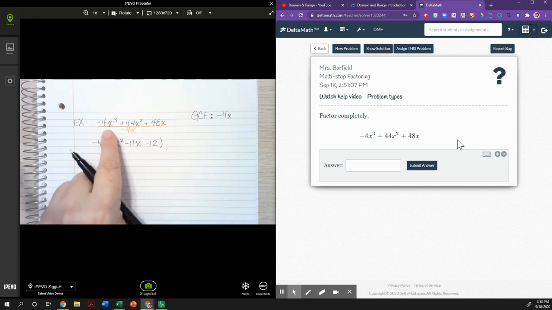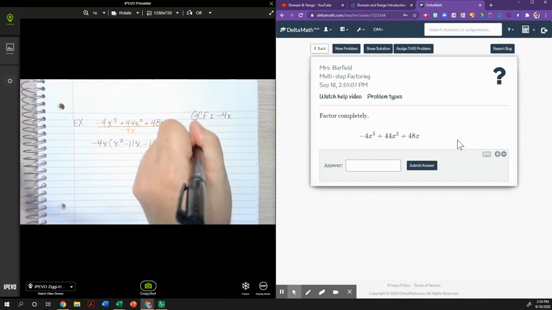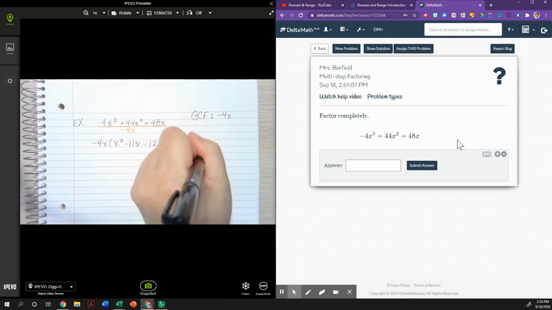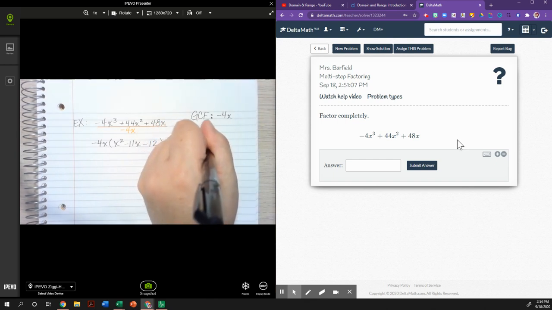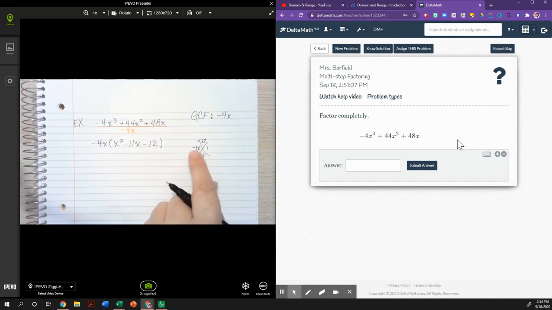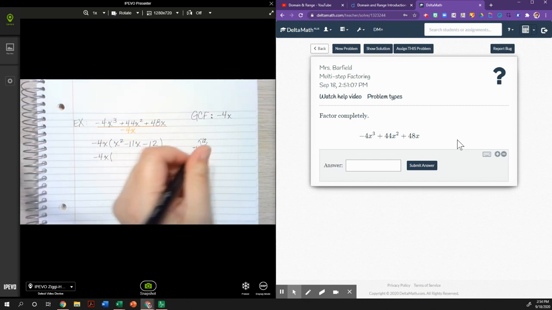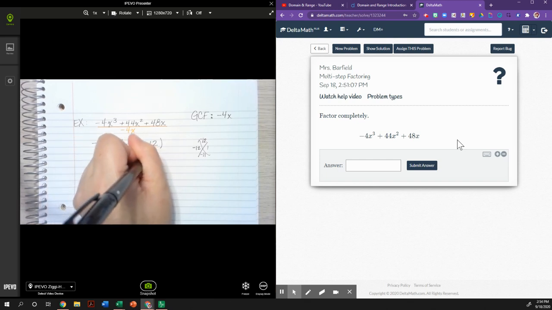For the time being, I'm going to ignore the negative 4x and focus on negative 12 on top, negative 11 on bottom. That's going to be negative 12 and positive 1, because negative 12 times 1 is negative 12, and negative 12 plus 1 is negative 11. So I'm going to have negative 4x, parentheses, x minus 12, and then x plus 1.